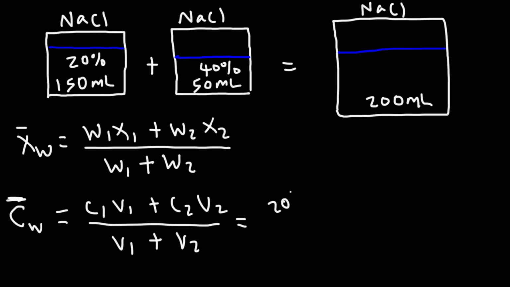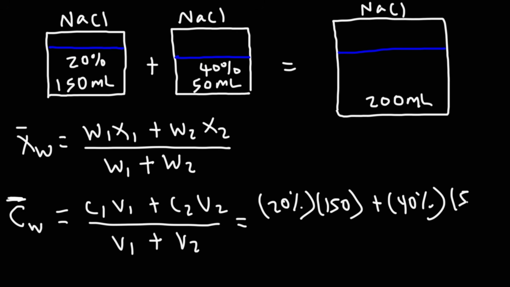C1 is 20%, V1 is 150 milliliters, C2 is 40%, V2 is 50 milliliters, divided by V1 plus V2, that's 150 plus 50, which is 200. So the unit milliliters will cancel, giving us the final concentration as a percentage.